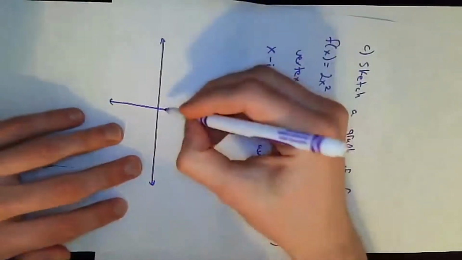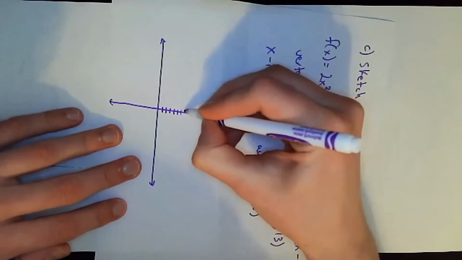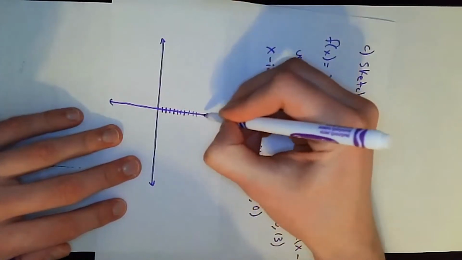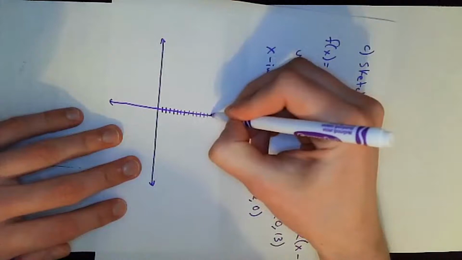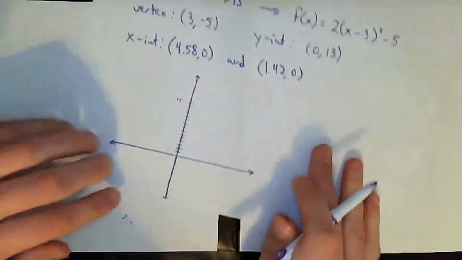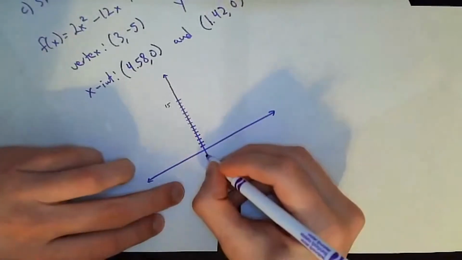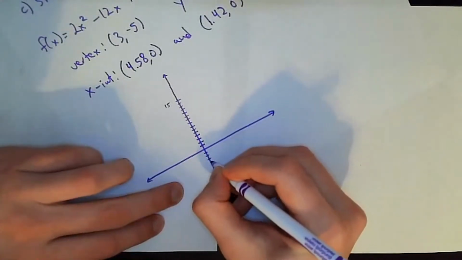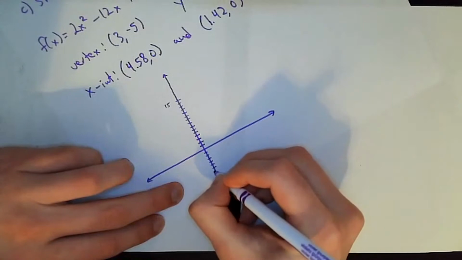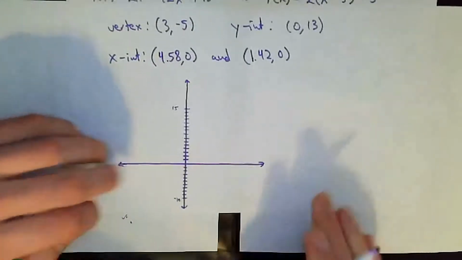All right. 7, 8, 9, 10. Okay, so that's up at 15, just to give me room to sketch this thing. I'll go down to negative 10 on the y-axis.